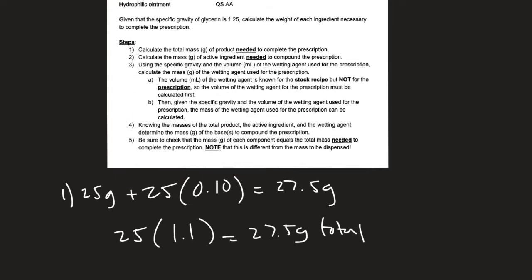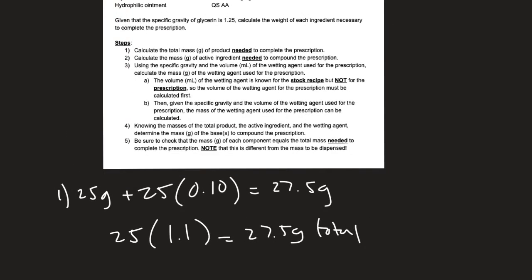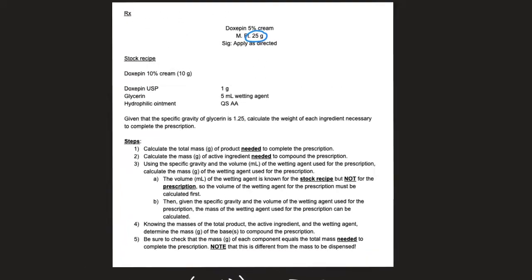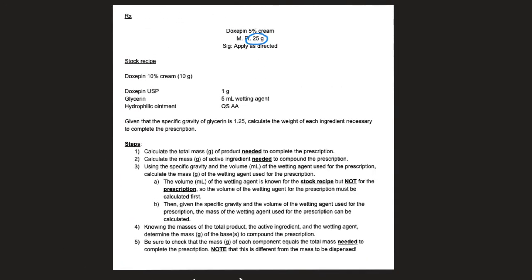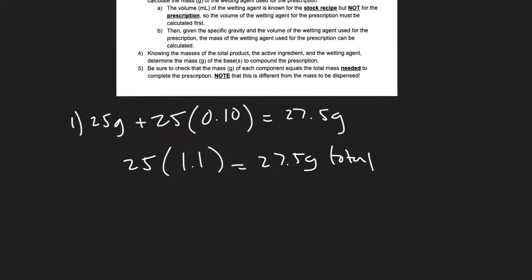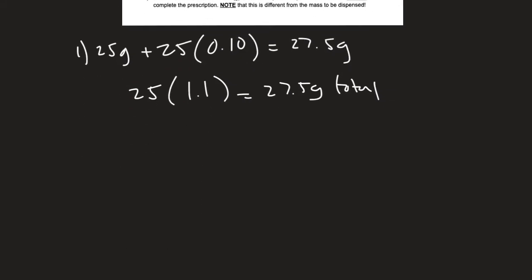total needed. Step 2, we're going to calculate the mass of the active ingredient needed to compound the prescription. So we know this prescription calls for Doxepin 5% cream, meaning that it's 5 grams of AI over 100 grams total.